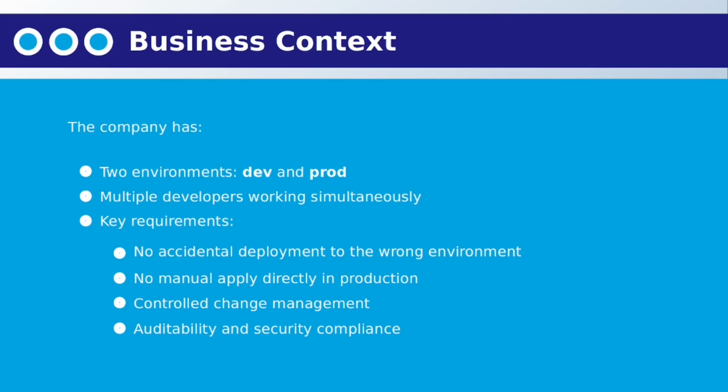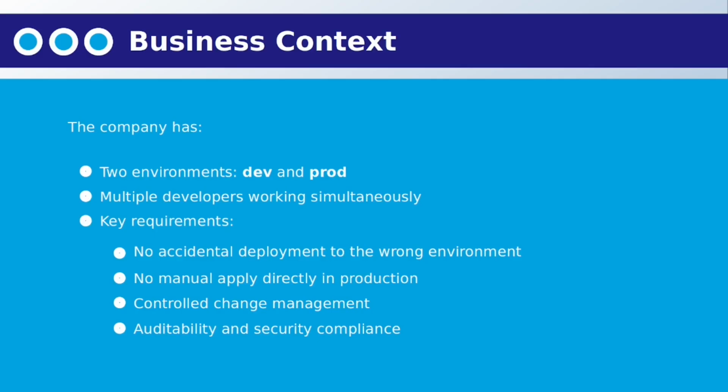This is very common when a company grows. At the beginning, maybe one engineer manages infrastructure, but when the team grows, if 5 developers can run Terraform apply directly, sooner or later someone will deploy to the wrong environment, or delete critical resources, or bypass review.